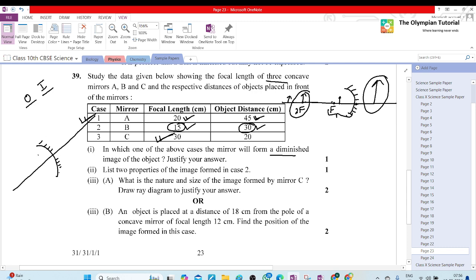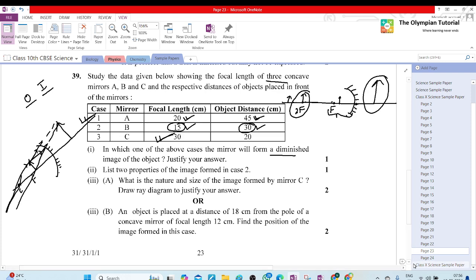A straight ray will go from the object, and since the object is between F and P, after reflection it will go towards F, and one will go through C. After meeting them behind the mirror, we will get an enlarged image of the object. That is virtual. Yes, ma'am.